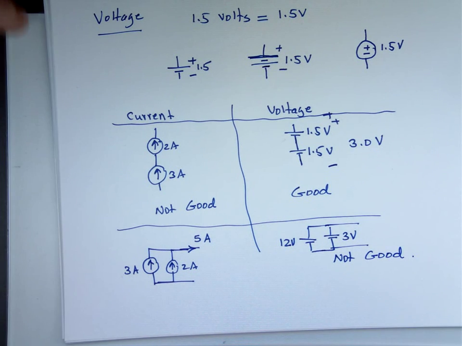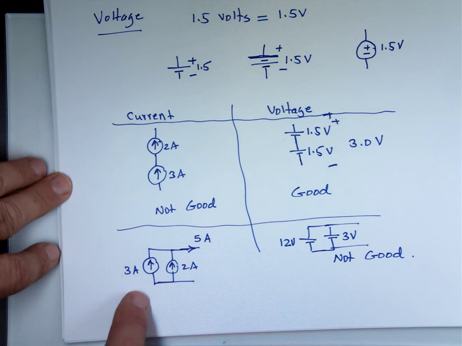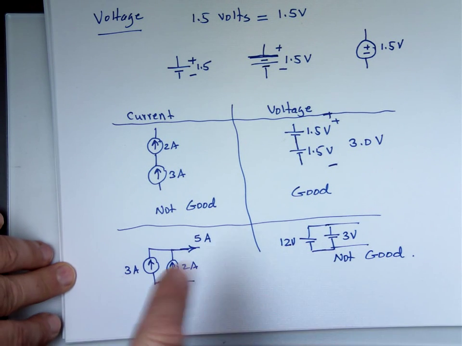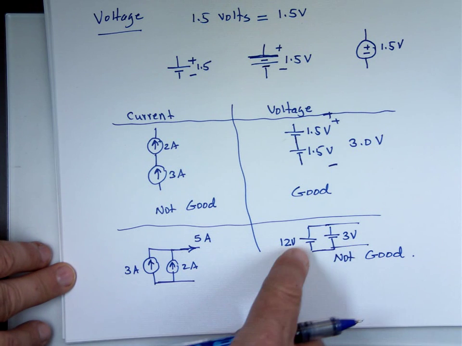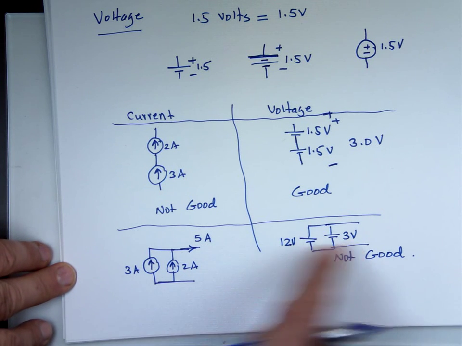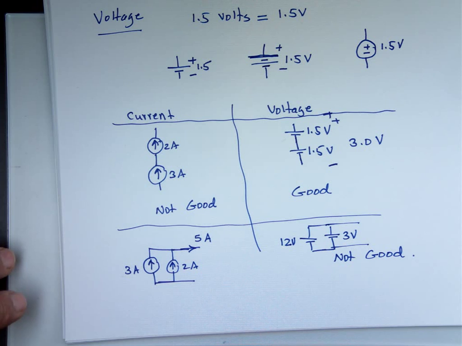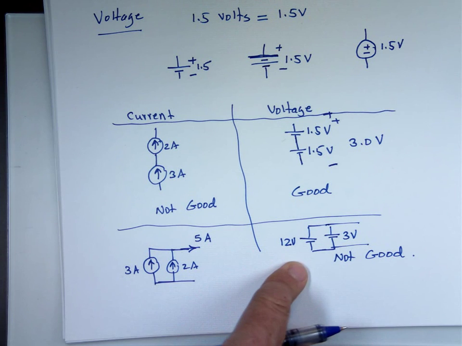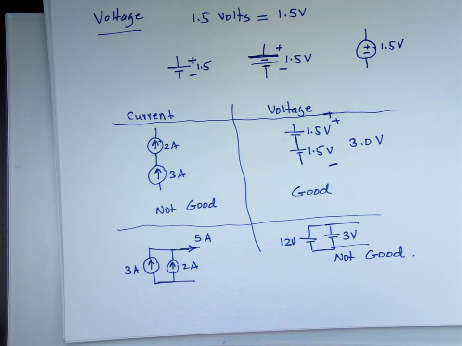Why? They're supposed to be the same voltage. We'll get to that. That's called parallel connections. When things are connected in parallel, they must have the same voltage. How can these two have the same voltage if one of them is 3, one of them is 12? So guess what will happen? Either the 3 will try to drain the 12, or the 12 will try to increase the 3 to 12, or to 11 or 9.